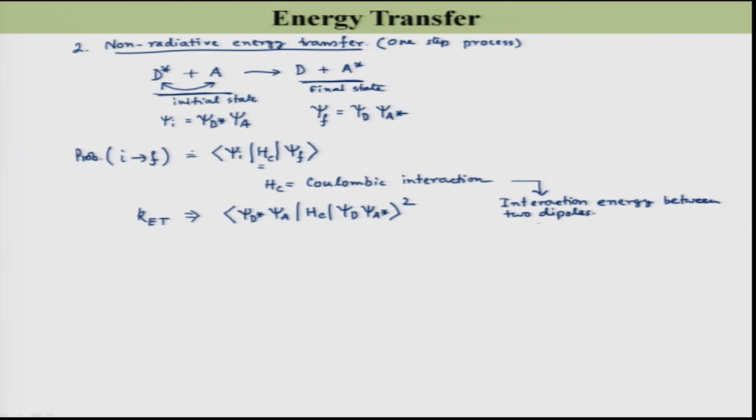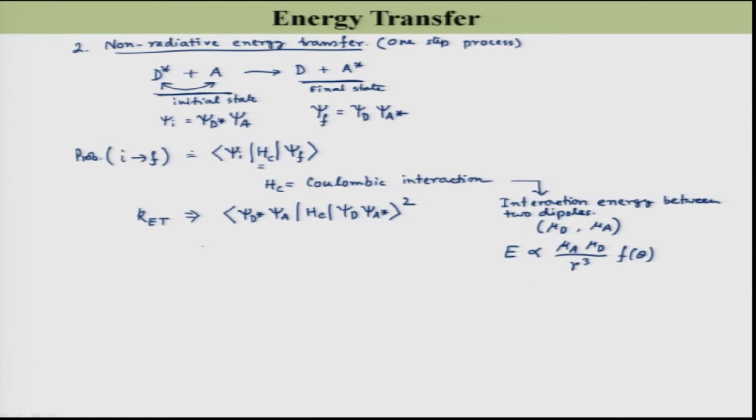here I said that one is mu d, another is mu a, one is for the donor, another is for the acceptor, right. So, that is proportional to mu a mu d by r cube, and one factor f theta, which actually tells me about the relative orientation of these two dipoles, right. So, it will have such a form.